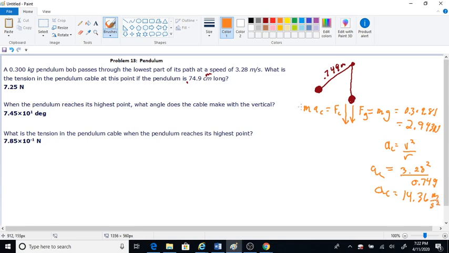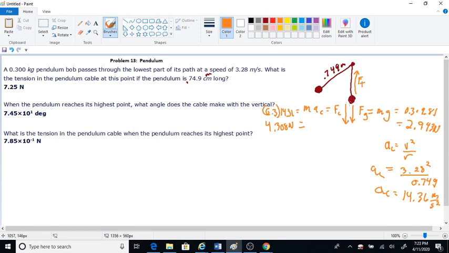Now, that goes up here, and it's 0.3 times this value, our mass times centripetal acceleration, and when we do that, we get 4.308 newtons.